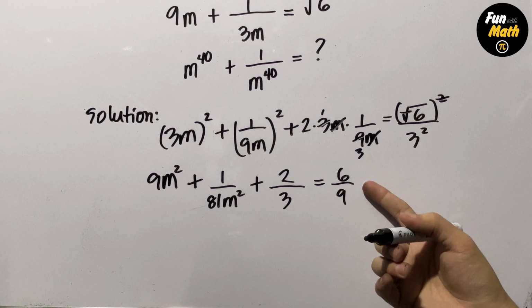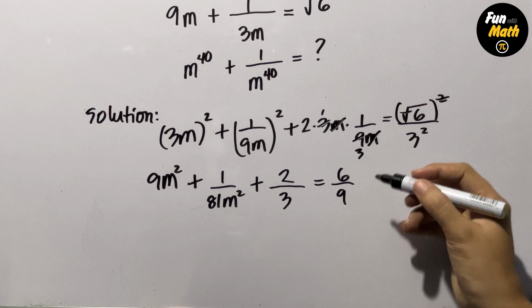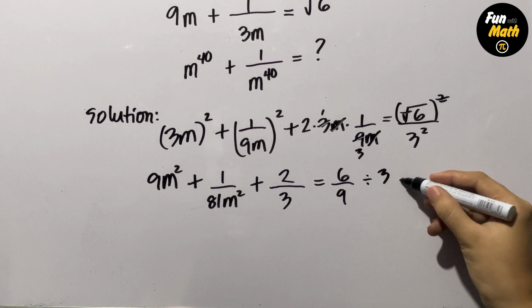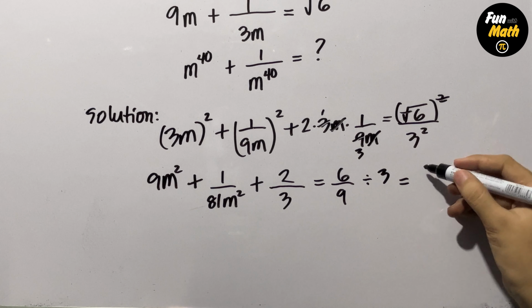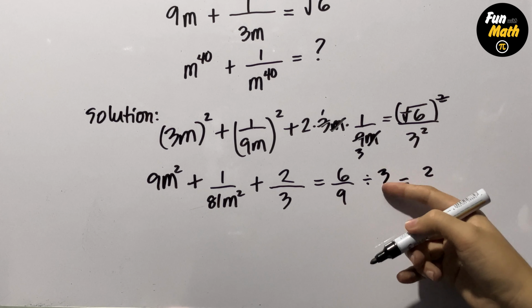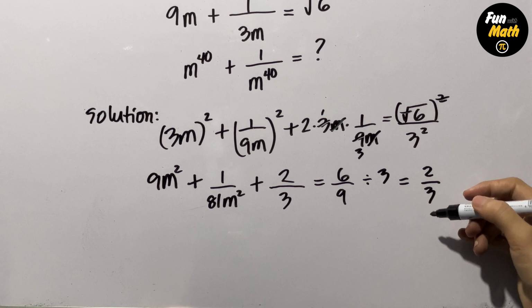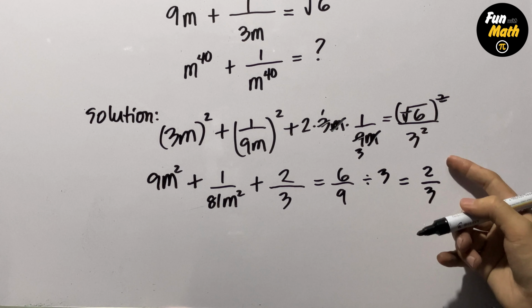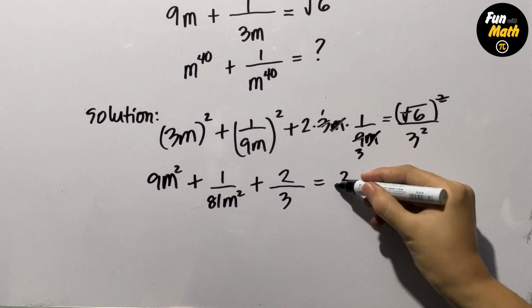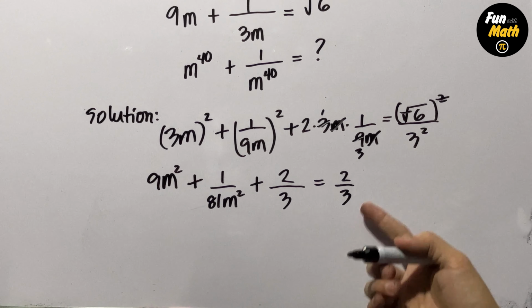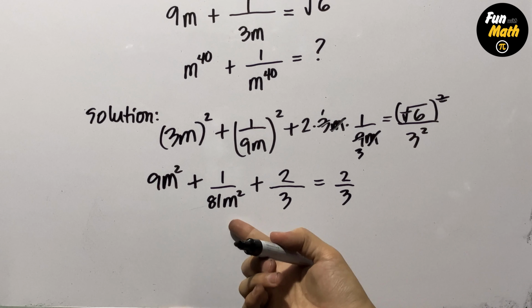Now for 6 over 9, we can reduce this by dividing both by 3. 6 divided by 3 is 2, and 9 divided by 3 is 3. So let's replace 6 over 9 with 2 over 3. Next, we can take 2 over 3 to the other side.